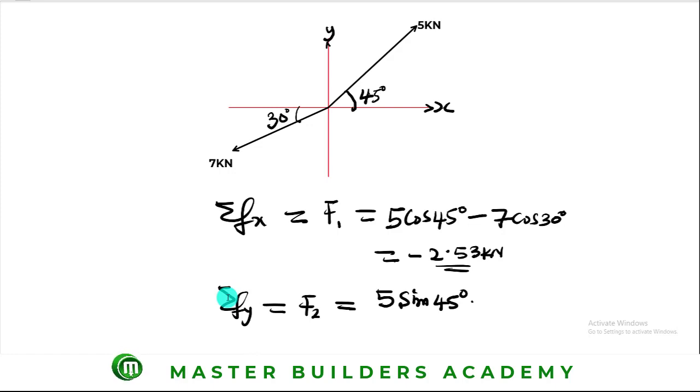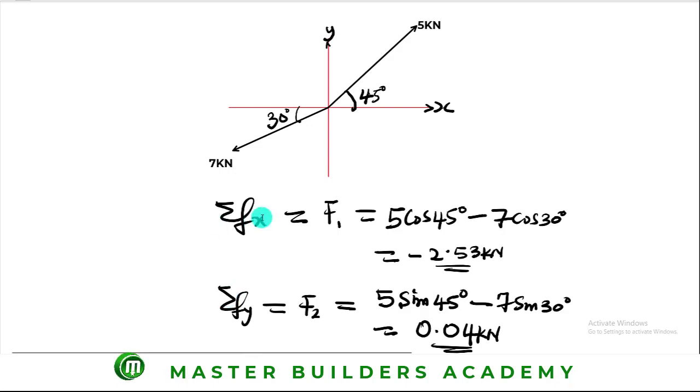Now, for this other guy, resolving along the y-axis, any force in the third quadrant will also be taken as negative. So this becomes minus 7 sin 30 degrees. Then the answer to this is 0.04 kilonewton. So we have been able to resolve these two forces along the x-axis and then along the y-axis.